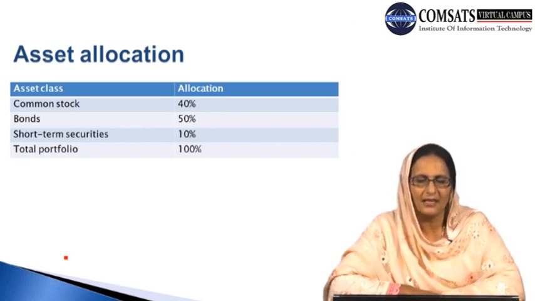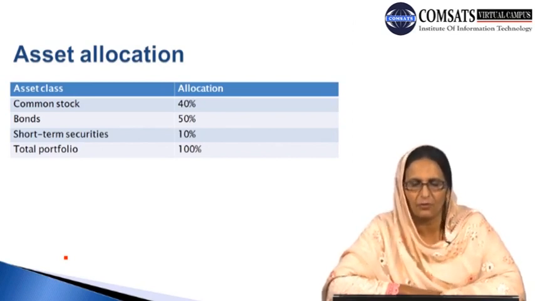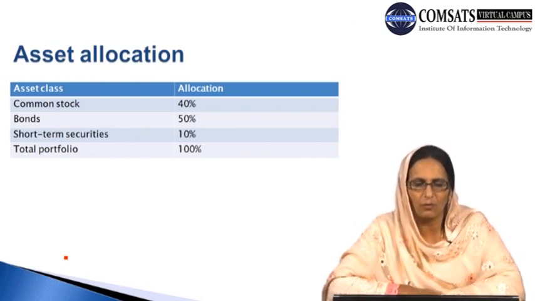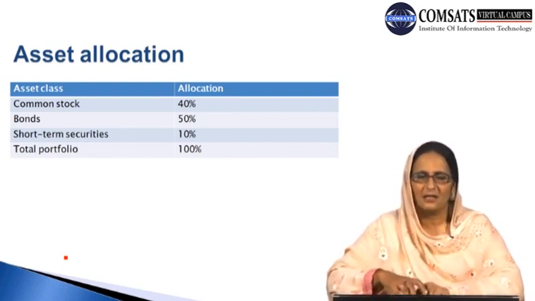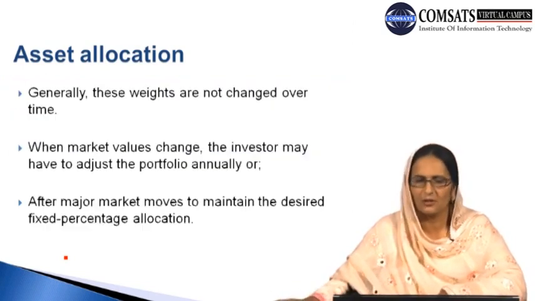The second asset class is bonds, and 50% is allocated to the bonds. Then we have short-term securities, and 10% of the portfolio allocation is towards short-term securities, and the overall portfolio comprises 100% of stocks, bonds and securities.